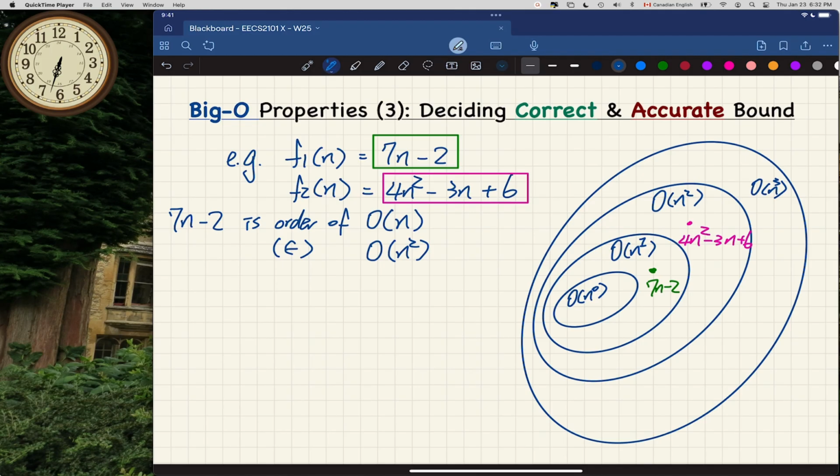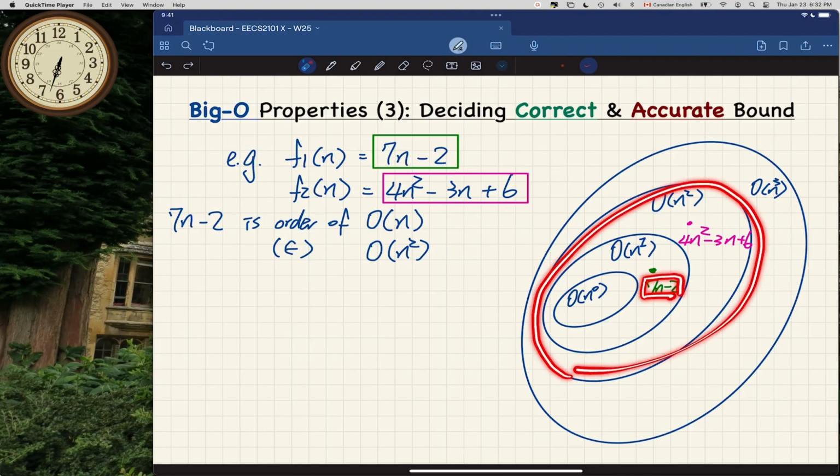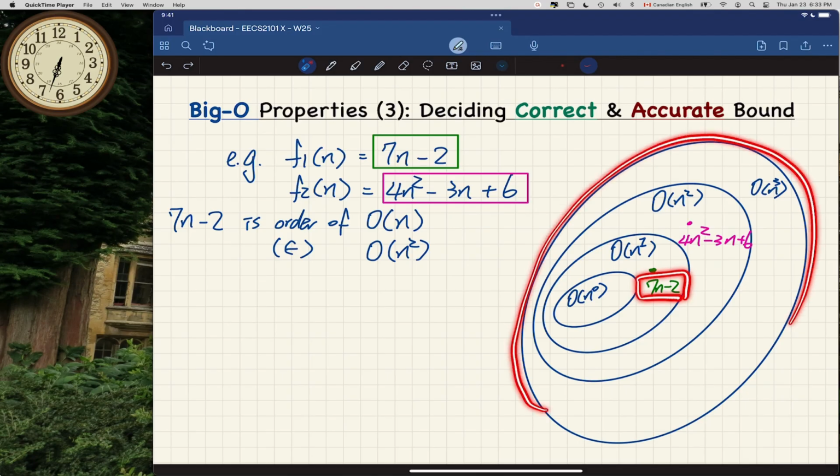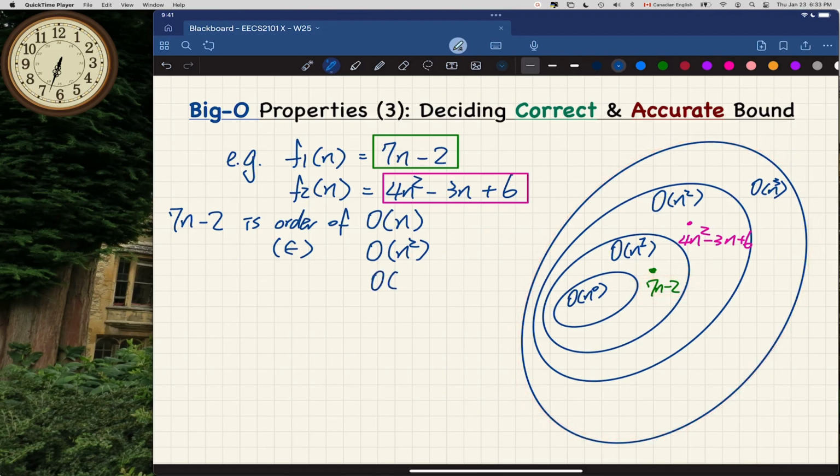Well, if you think about membership, I'm saying the following. This function here is a member of this set. But this function here is also a member of this bigger set. And this function here, of course, is also a member of this set over here. So all I'm saying here are all correct.